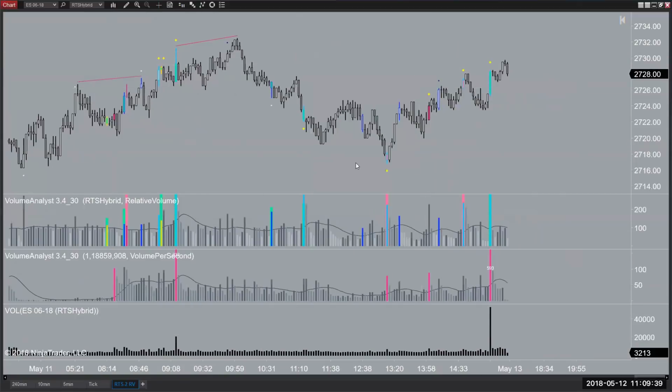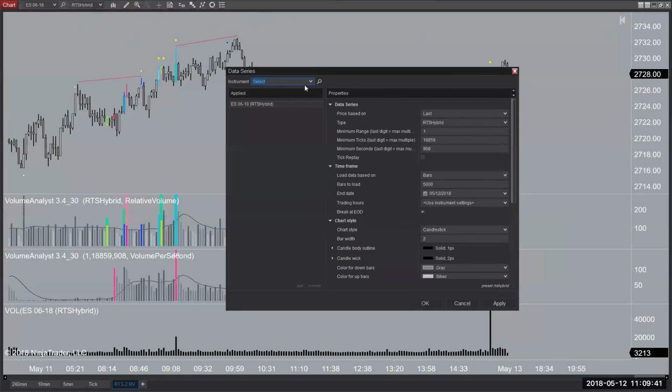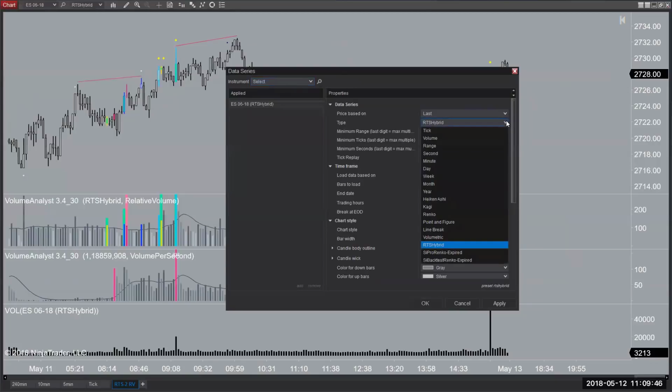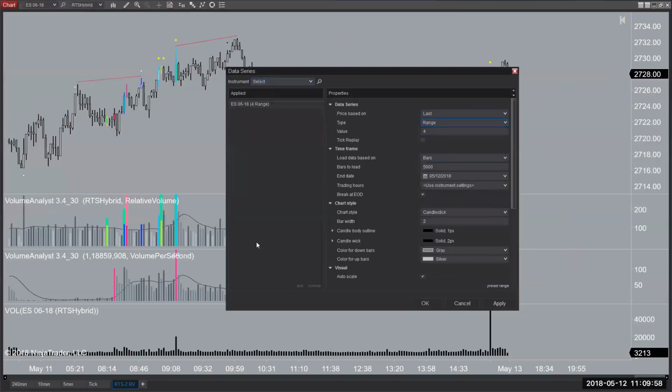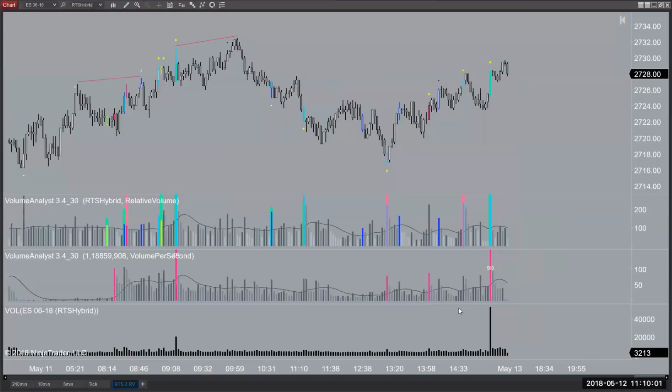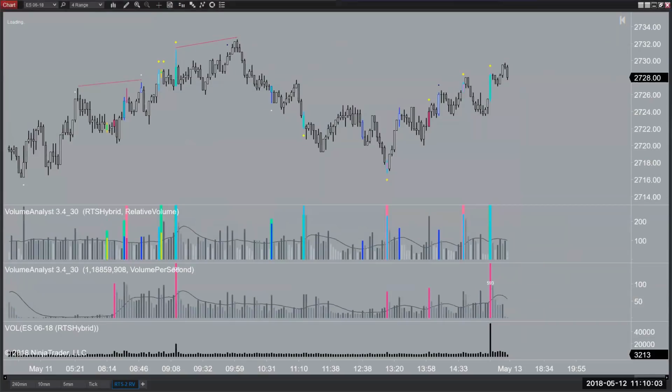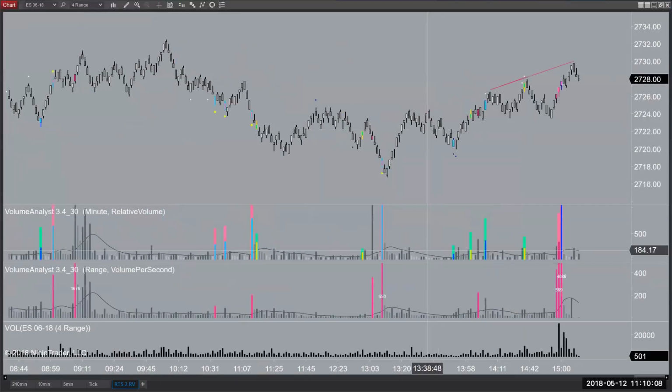Let me show you this range chart. I haven't actually used it on a range chart yet. The only problem with range charts is that I may have to make a different calculation for that, because the range is the same for each bar, and we're building these signals based on the amount of volume relative to the range of the bar.